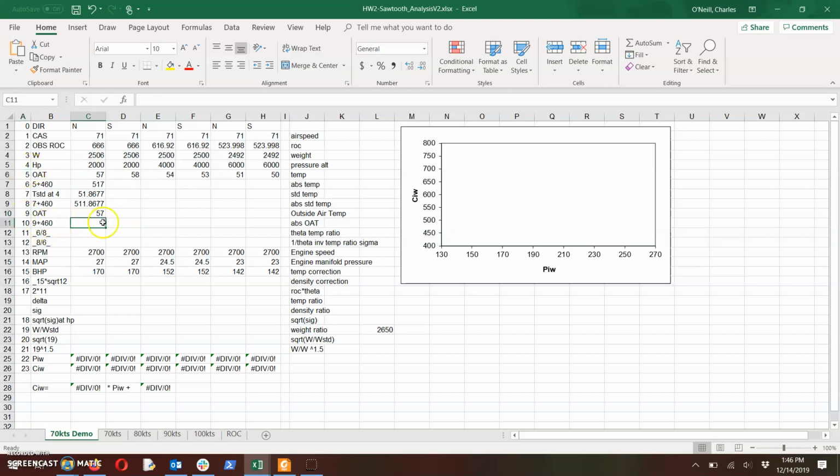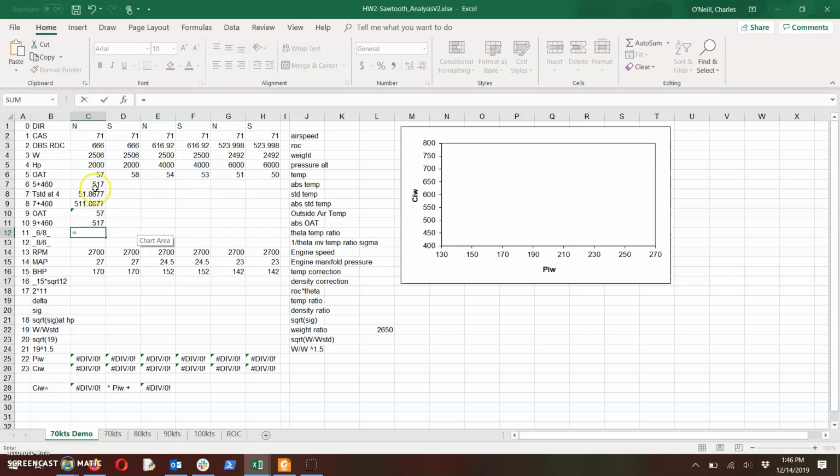And now we need to get that to Rankine, so that's line 9 plus 460. And then we're going to get some temperature ratios. So that's line 6 divided by line 8. Line 6 is the outside air temperature in Rankine. Line 8 is the standard temperature in Rankine.